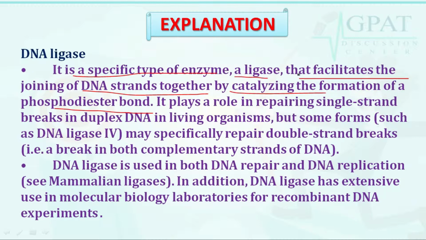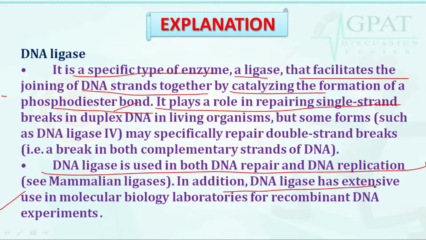It plays a role in repairing single strand breaks and breaks in duplex DNA. DNA ligase is used in both DNA repair and DNA replication. In addition, DNA ligase has extensive use in molecular biology laboratories for recombinant DNA experiments.